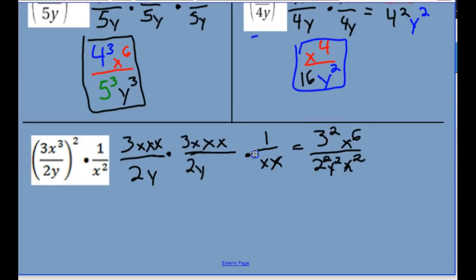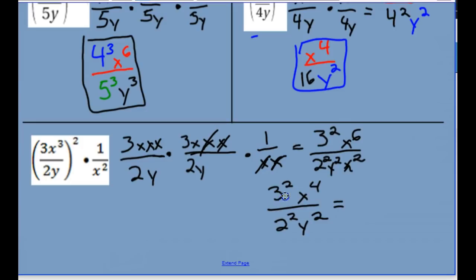If we subtracted these two x's, so if I cross these two out and 2 out up here, what we're left with then is 3 squared x to the 4th power over 2 squared times y squared. So all I did here was subtract 2 from 6. So I did 6 minus 2 and got x to the 4th.